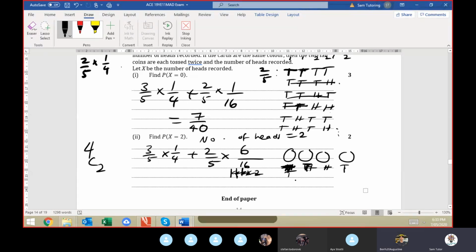So you got 4 slots and you're choosing any 2, right? Yep, 4 slots, you're choosing any 2. Yeah, times, you've got a half to the power of 2 and a half to the power of 2. But we haven't even done binomial. I mean, have you done binomial expansions? Binomial probability?